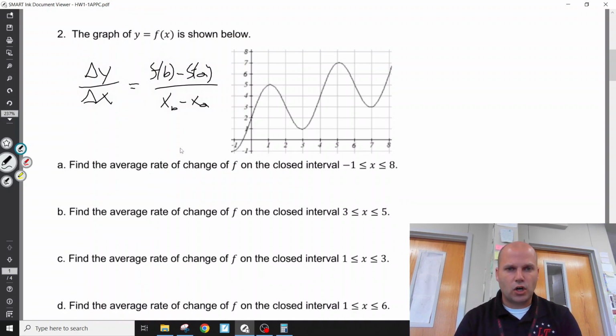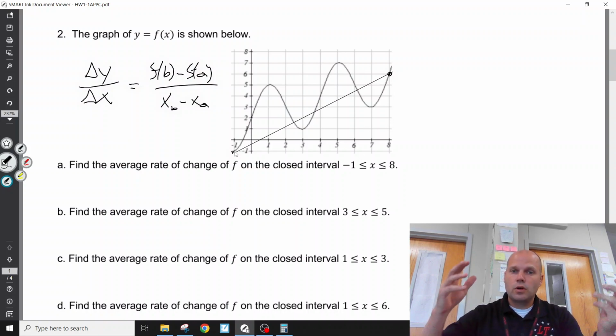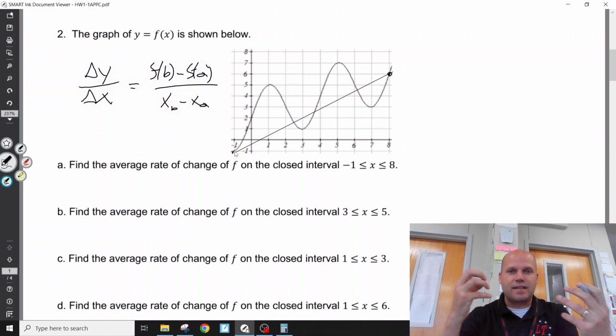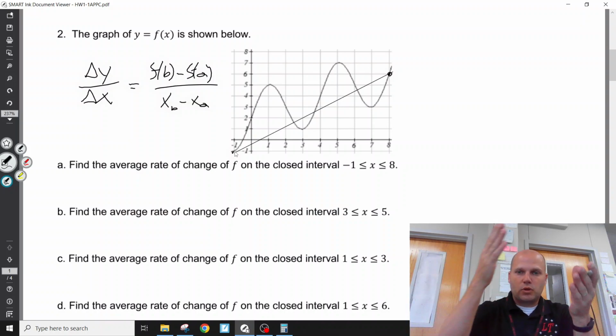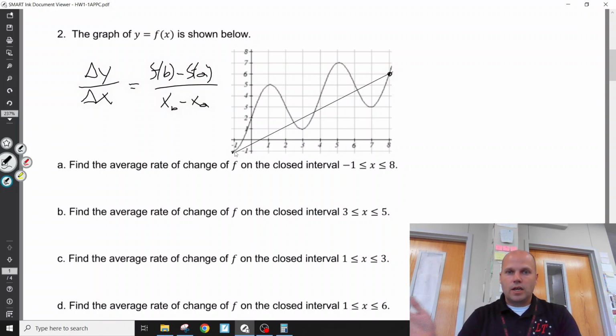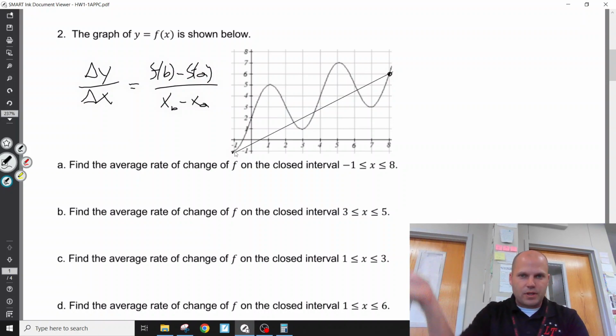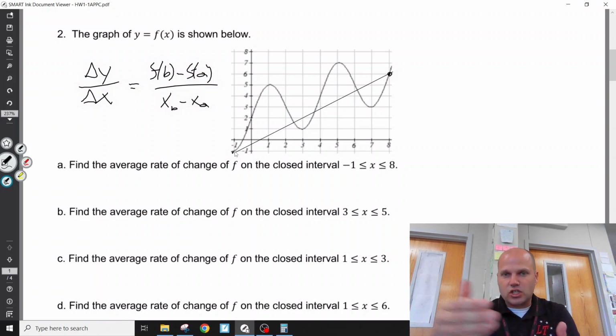So, starting from -1 to 8. This line, its slope shows you the average rate that this function is changing between -1 and 8. It's not changing at that rate consistently. It's just on average. See, the function goes up and then goes down. It's good to see that line.